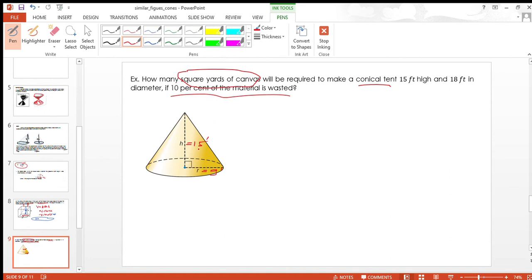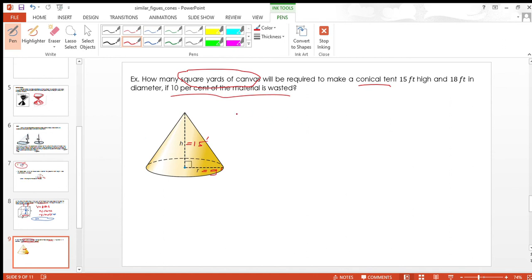So when we are talking about the material to be used here, it must be referring to the lateral surface area. We don't look at the base anymore. So it will be the lateral area.